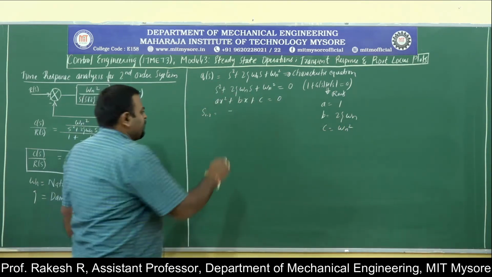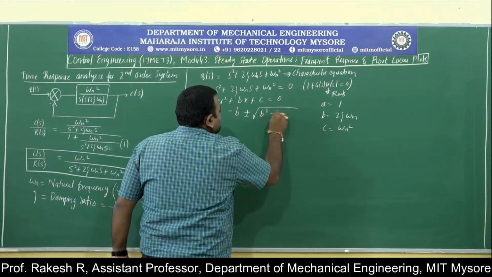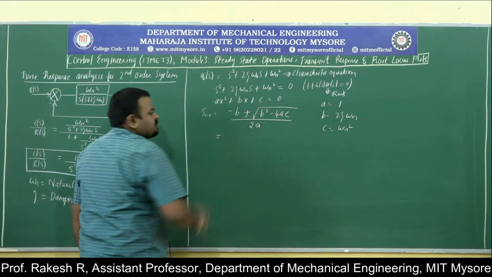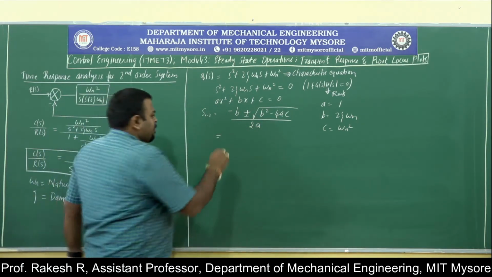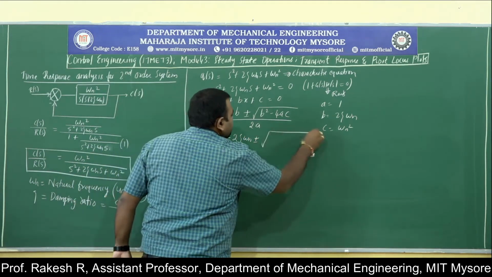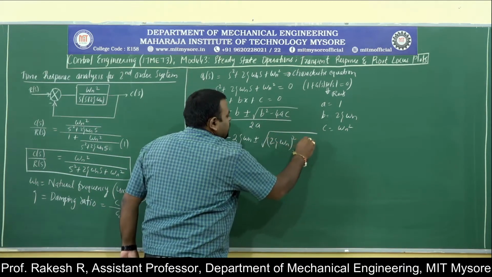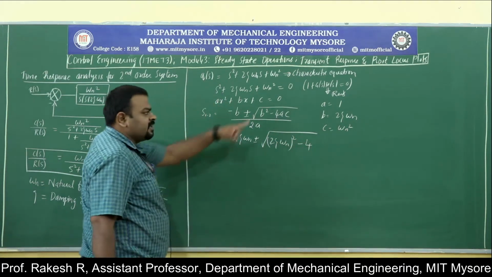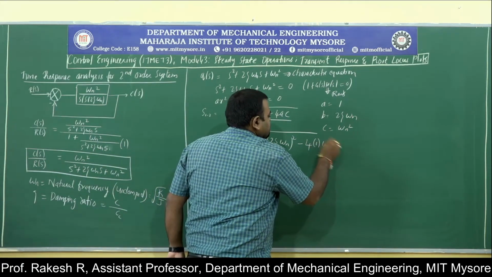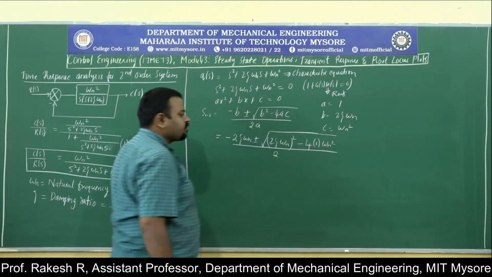So if I write the formula, minus b plus or minus square root of b square minus 4ac divided by 2a. So minus b is minus 2 zeta omega n plus or minus square root of 2 zeta omega n whole square minus 4 into a, which is 1, into c, which is omega n square, divided by 2.